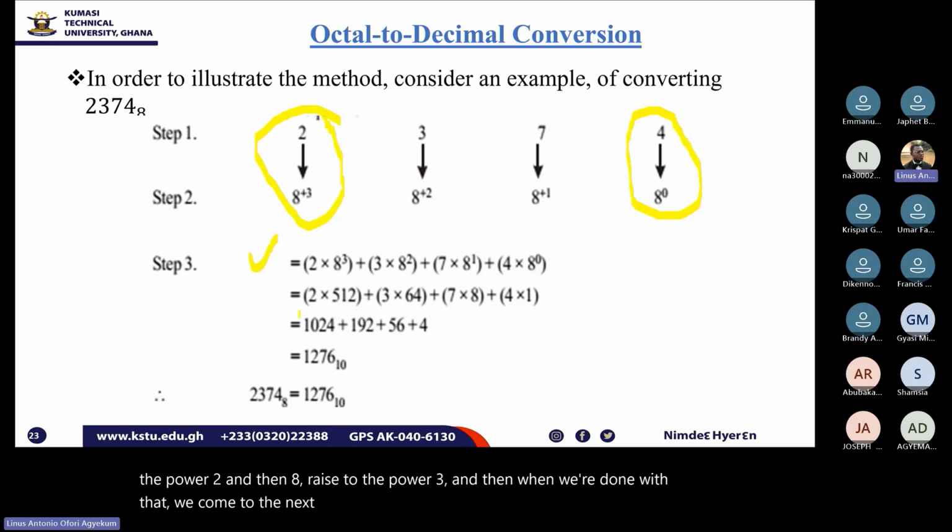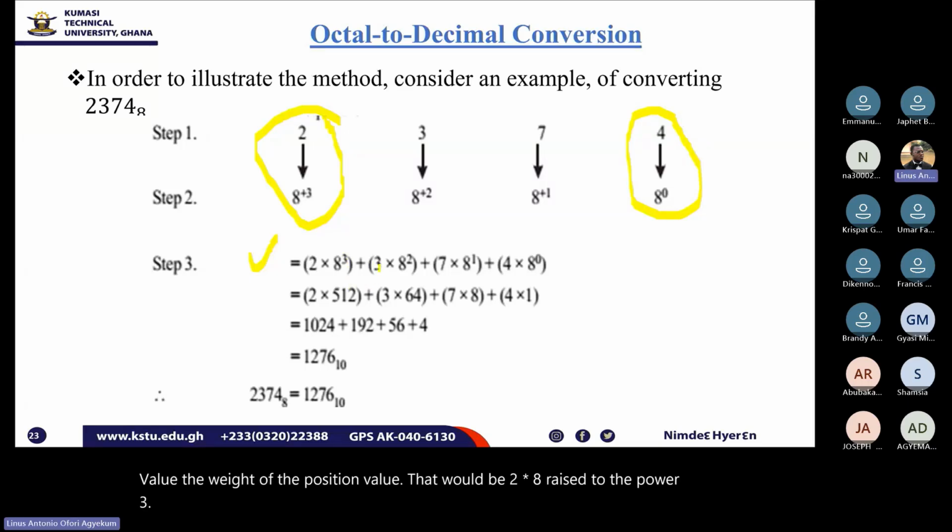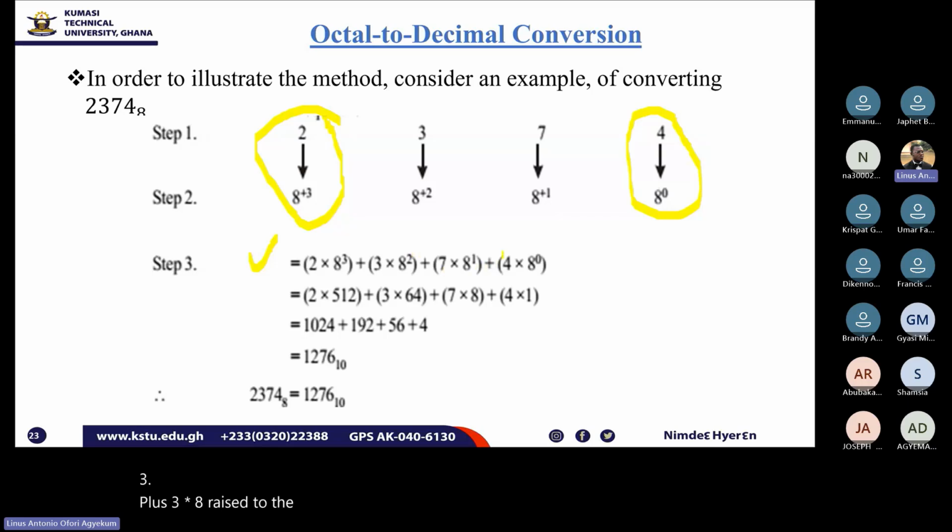And in the next step, we will take the digit and multiply it by the weight of the position value. That will be 2 times 8 raised to the power 3 plus 3 times 8 raised to the power 2 plus 7 times 8 raised to the power 1 plus 4 times 8 raised to the power 0.